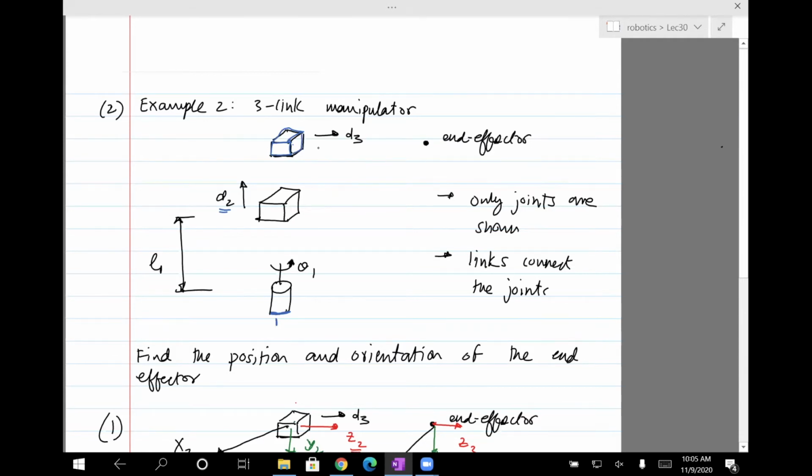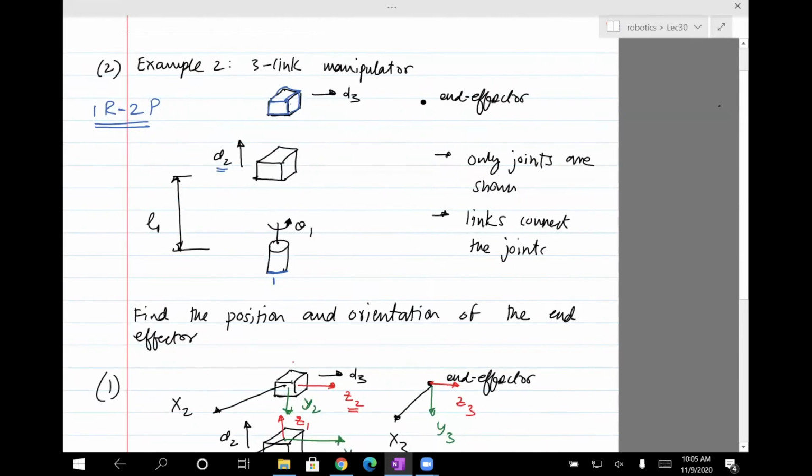This is called a 1R 2P manipulator. The R represents revolute, P represents prismatic. That's the terminology normally used for manipulators. So this is the caricature of the joints. I've shown you the degrees of freedom.